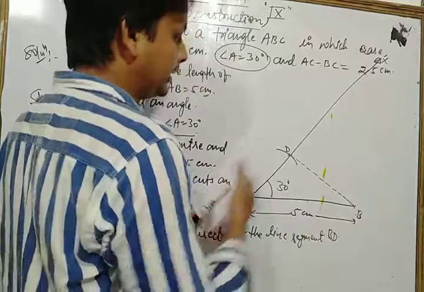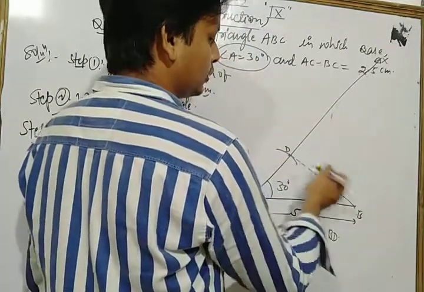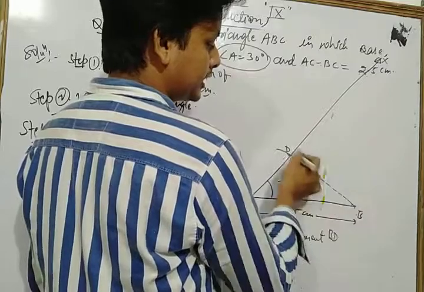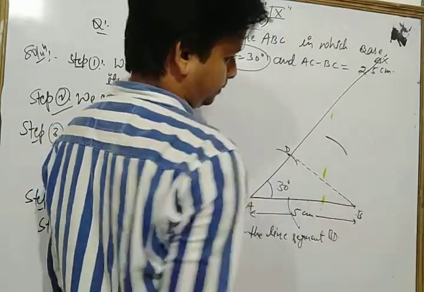Now in that process, first of all, taking B as center and distance equal to more than half of BD, we cut an arc in this way.